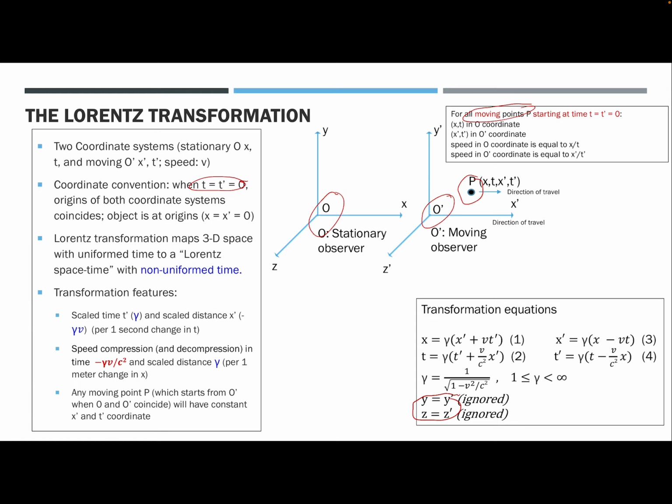The key thing to take away from this is that the mapping of points from the ordinary space into the Lorentz space provides a non-uniform time on the Lorentz side.